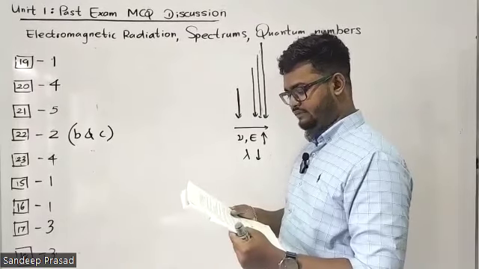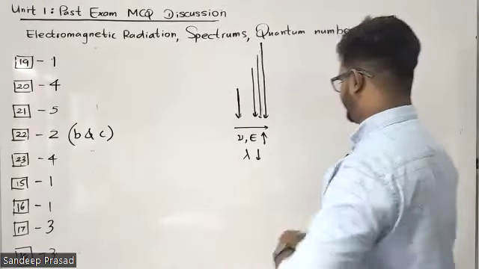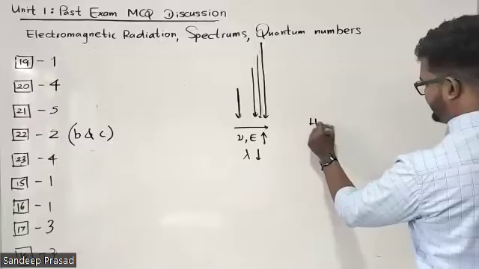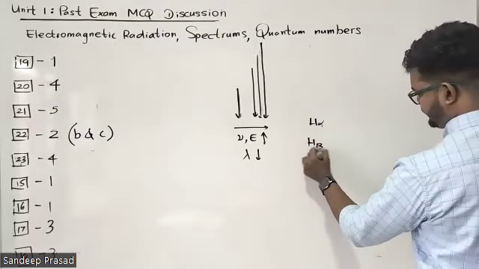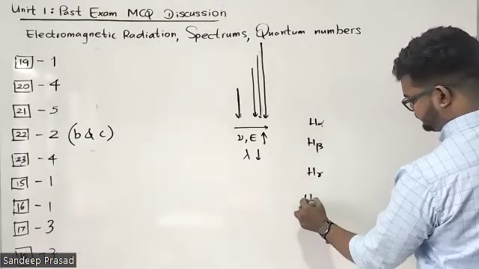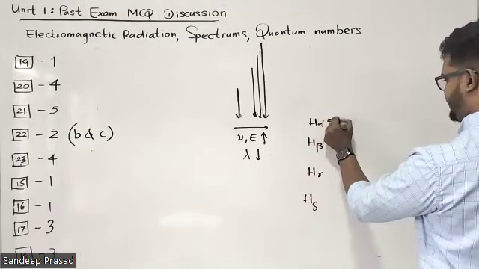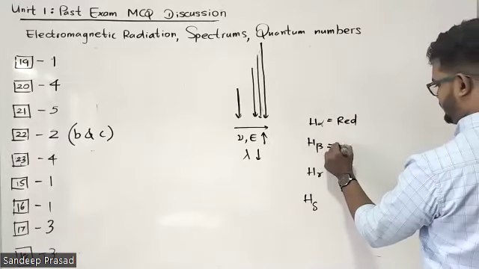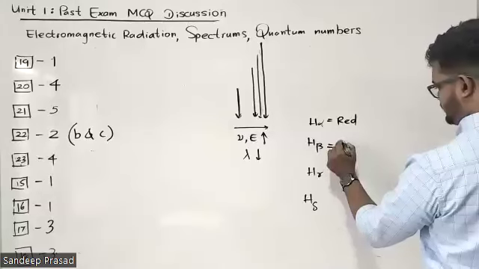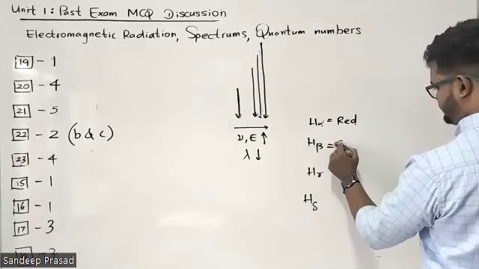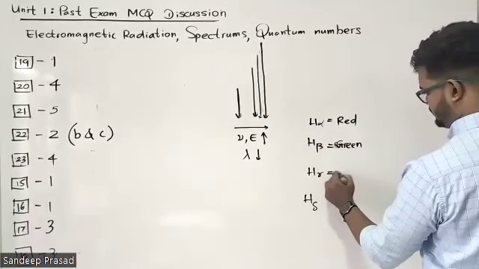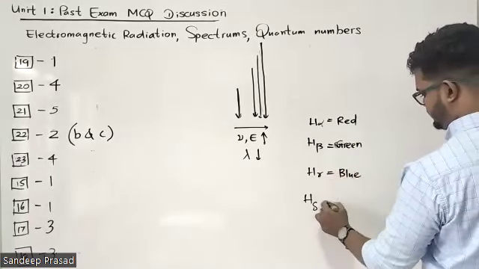The n equal 3 to n equal 2 transition corresponds to H alpha. Yes, I told you that H alpha means this is red color, this is green color, blue color, violet.